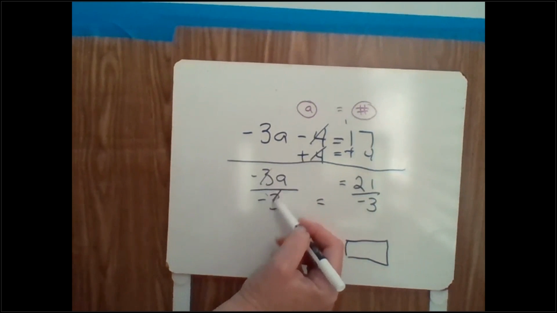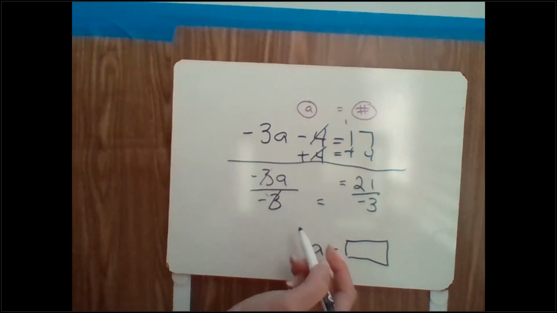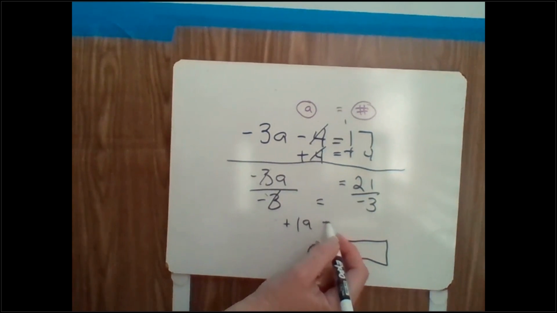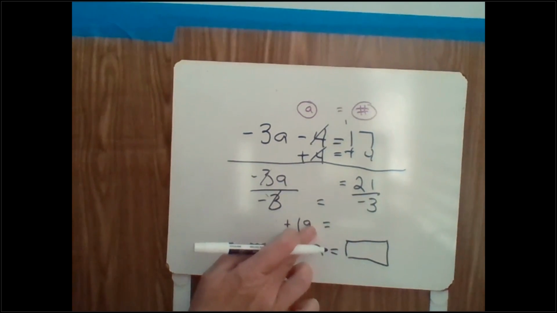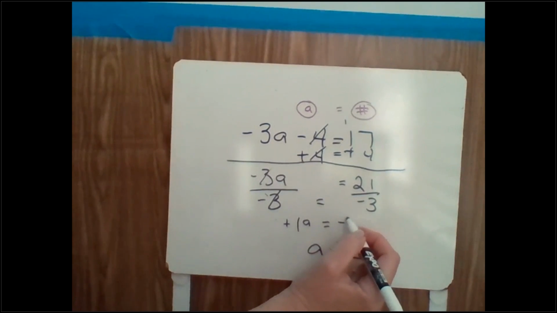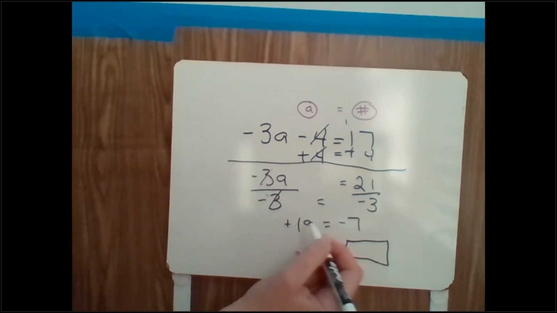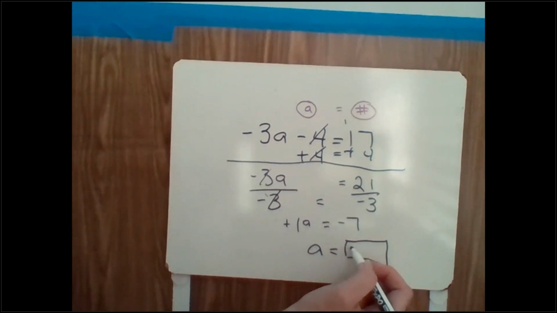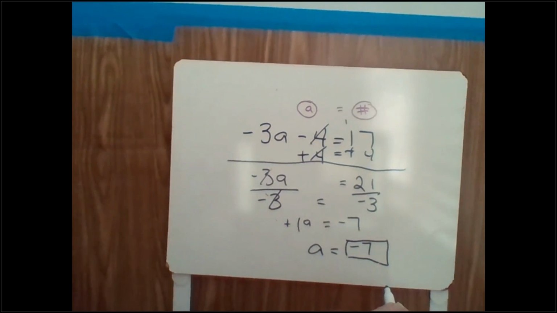Negative 3 divided by negative 3 is just going to be a positive 1. Don't forget your a. I still have that. Bring down my equal sign. Make that look like an a, not an I. 21 divided by negative 3 is going to be negative 7. And remember, 1a is the same thing as just saying a equals negative 7.